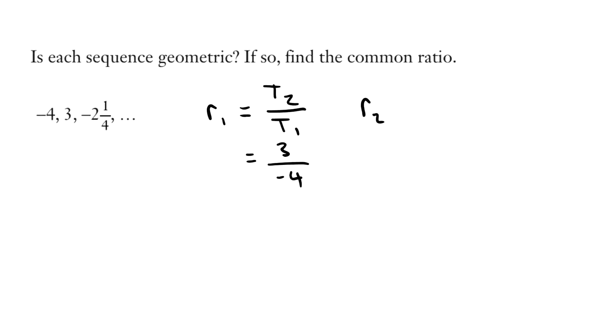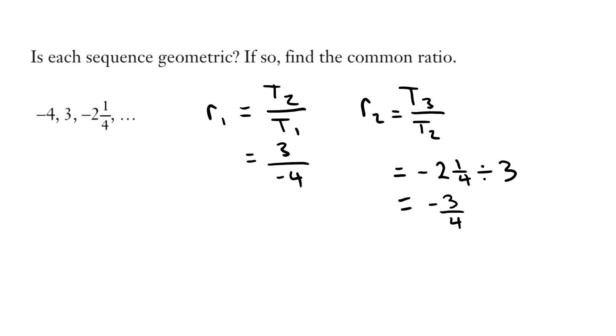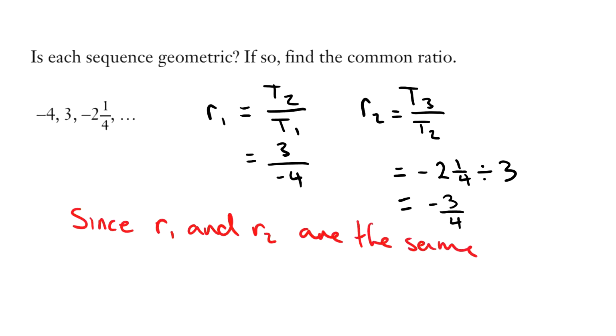We're going to find our common ratio 2 now, and we're going to use term 3 divided by term 2. So in this case, it's going to be -2 1/4 divided by 3, which equals -3/4. Since both r's are the same, we can conclude that the sequence is geometric.